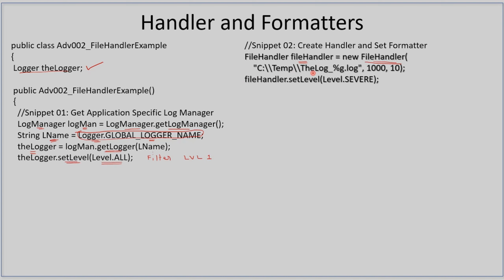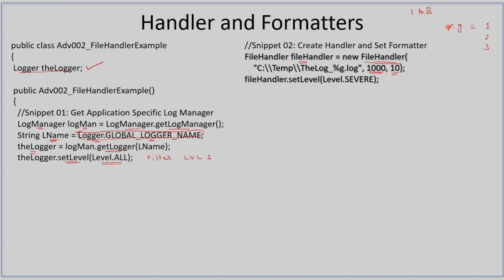The first parameter is the file name, and here %g denotes a sequential increment number, 1, 2, 3, likewise it will go. The next one is the maximum file limit in bytes. Since we are specifying 1000, and 1024 would be 1 kilobyte, it is less than 1 kilobyte. Then as the third parameter, the number of files will be 10.